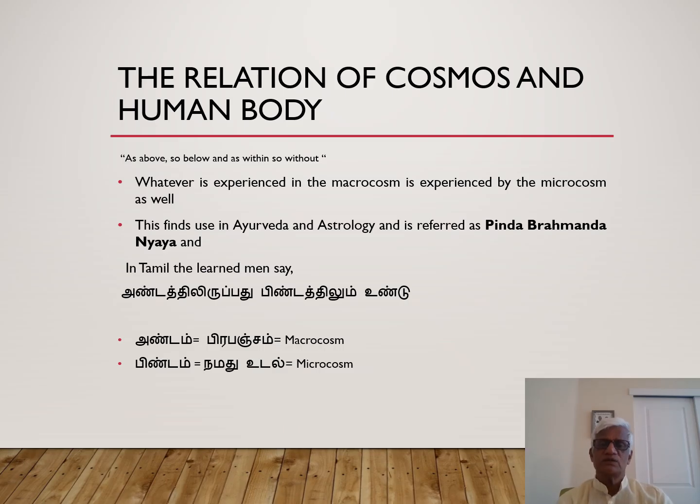And as within, so without expresses that what is happening within the body, within the living beings, has something to do with what is happening outside of it. So we say the macrocosm influences the microcosm as well.